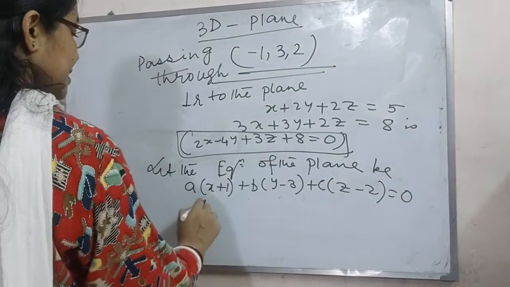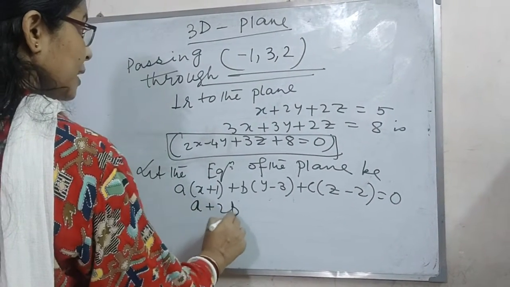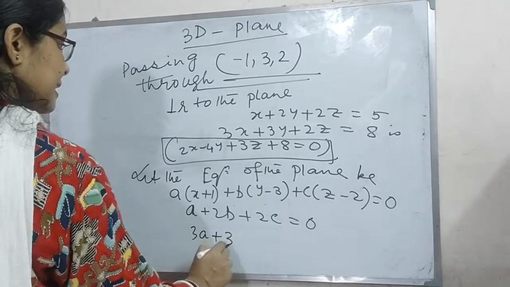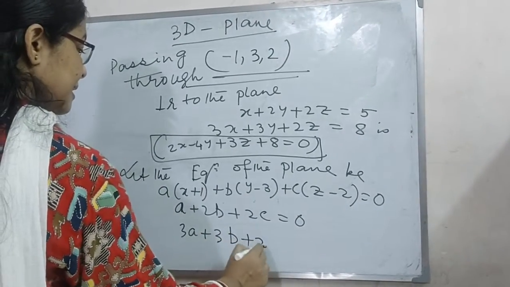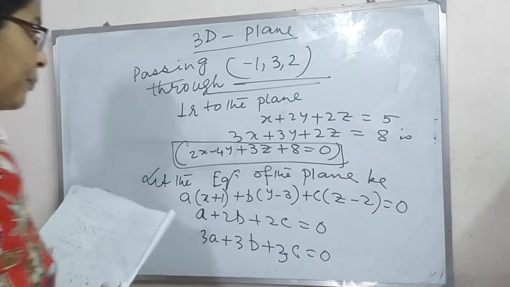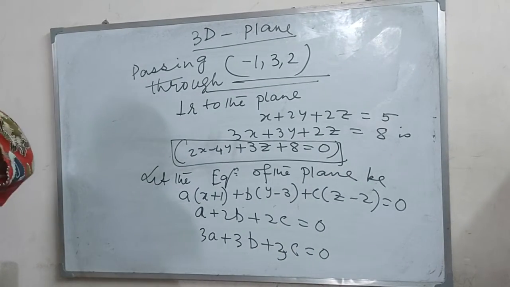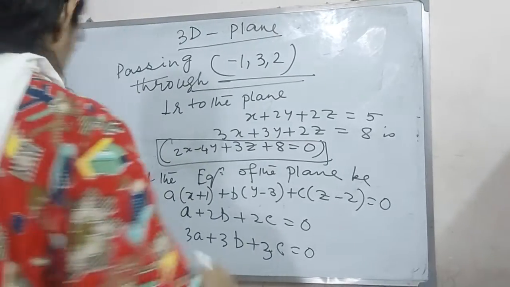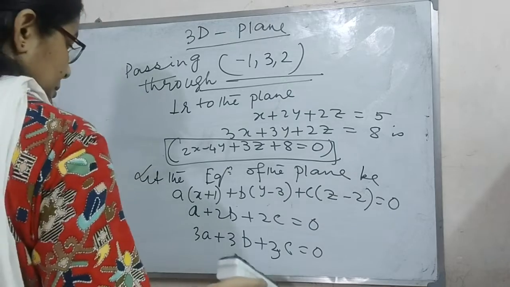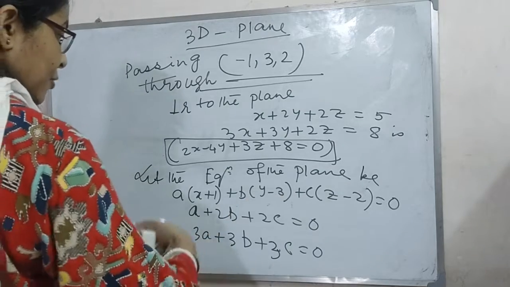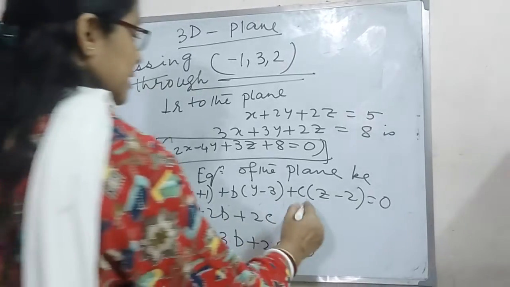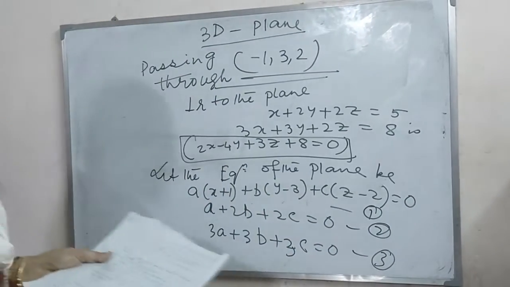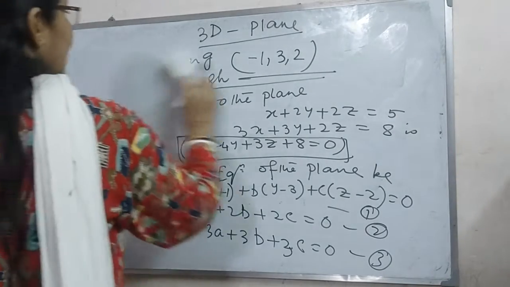And second, a plus 2b plus 2c equal to 0 and 3a plus 3b plus 2c equal to 0. Eliminating a, b, c from these three equations, this is the first, second and third, we will get the required equation of the plane.